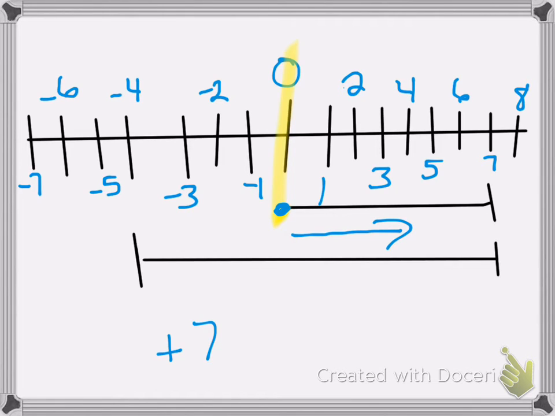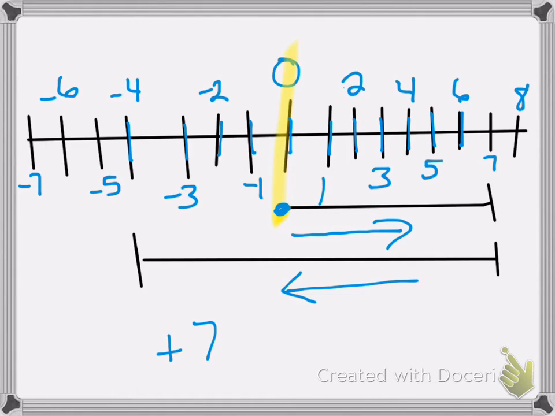Okay? Positive 7. Then I went to the left. Well, there's 1, 2, 3, 4, 5, 6, 7, 8, 9, 10, 11 times.